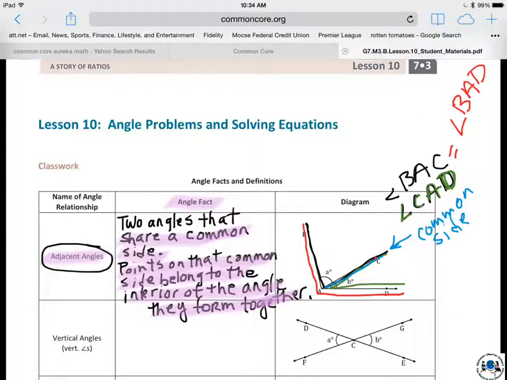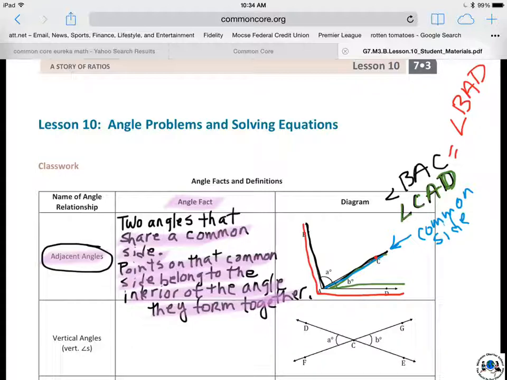For example, there's that point C right there. I know the definition is probably more confusing than the actual idea of adjacent angles. But maybe we'll see in this lesson some non-examples that we can compare them to. And again, we'll get to some definitions also at the end of this lesson.